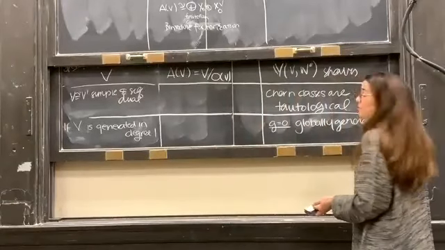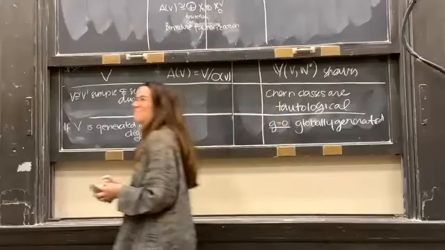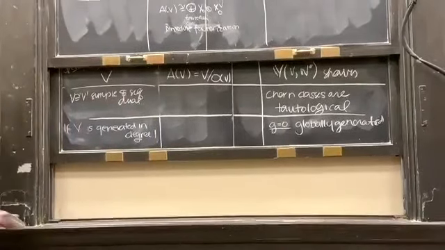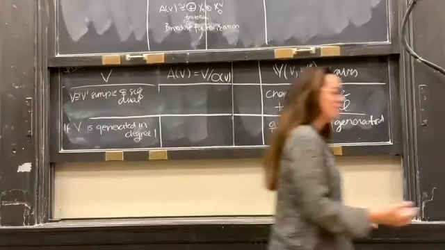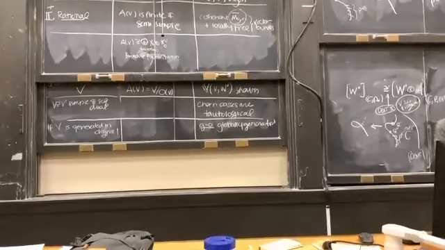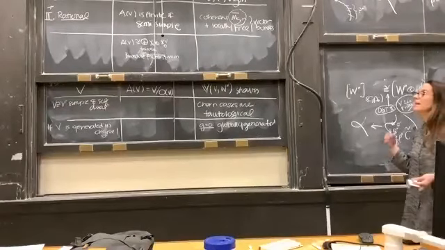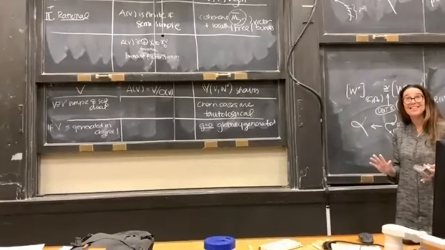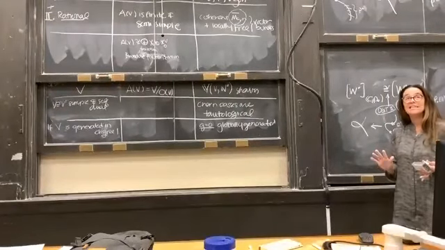But we saw a lot of other examples of globally generated bundles. And then we were able to show that some were not globally generated by computing their Chern classes and seeing that they're not nef.